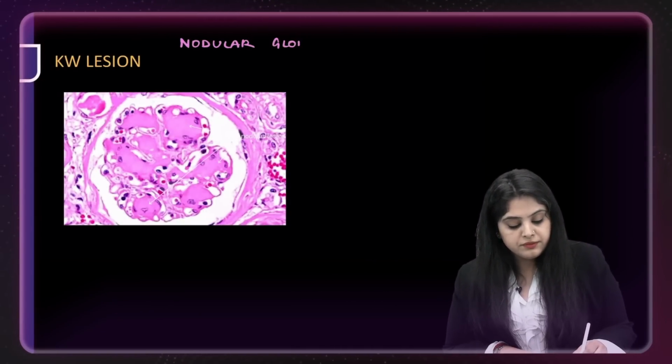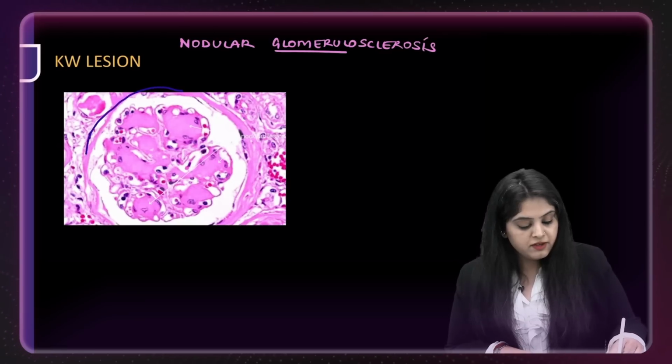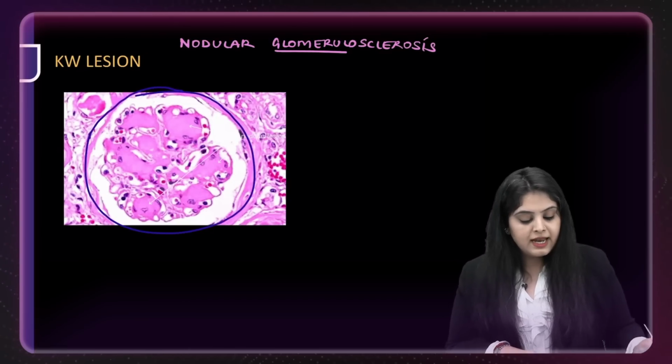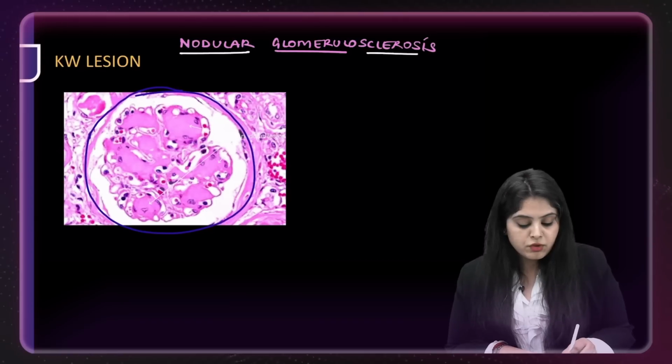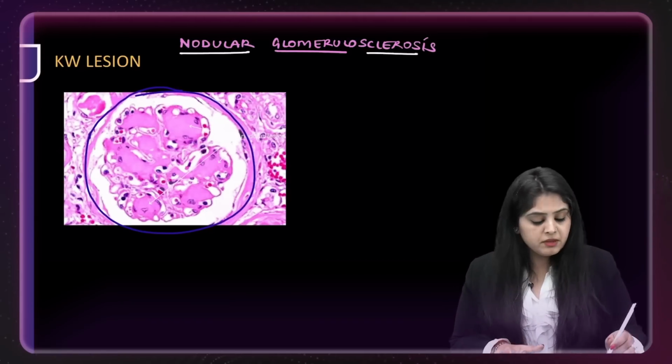Have a look at this. This is what you call NGS, nodular glomerulosclerosis, which means there will be a picture of a glomerulus which I can very well visualize over here, and there is going to be some nodularity that I will notice. Nodularity of what? Sclerosis. Sclerosis is pink material.